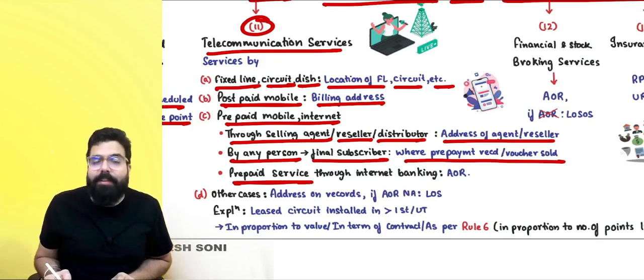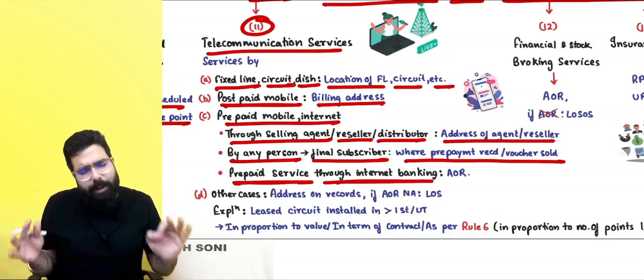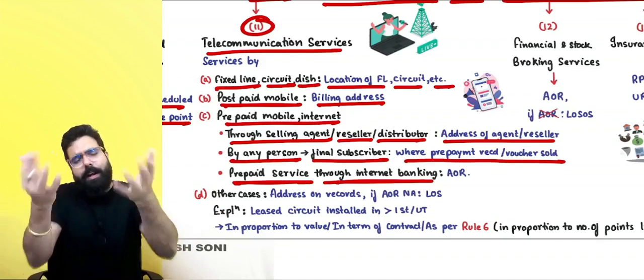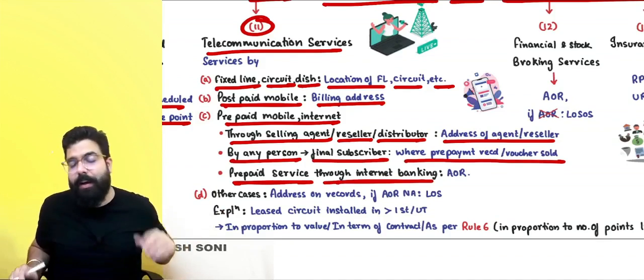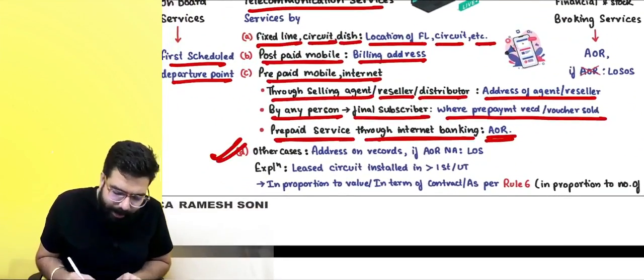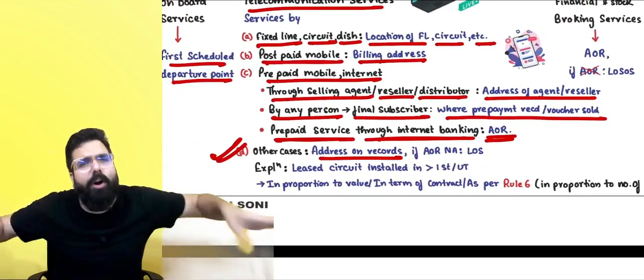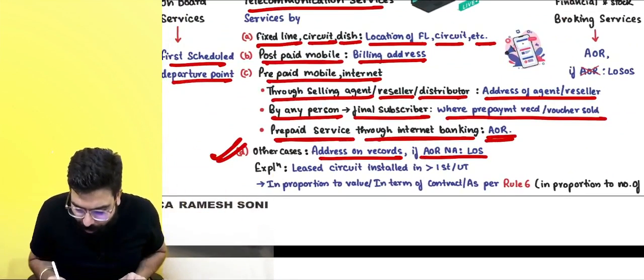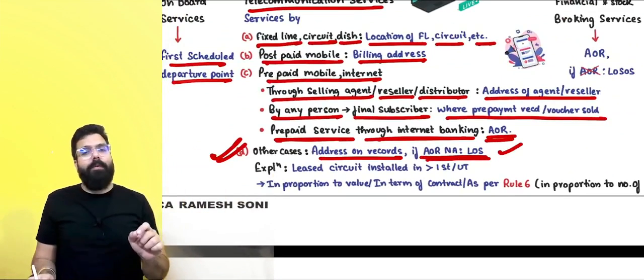If prepaid services are provided through internet, for example by Paytm, the address on record will become the place of supply. In any other case, address on record. If address on record is also not there, the location of the supplier becomes the place of supply.